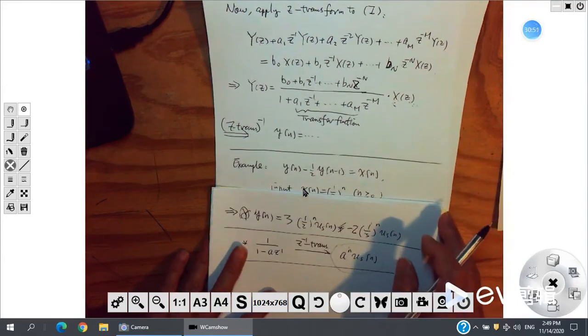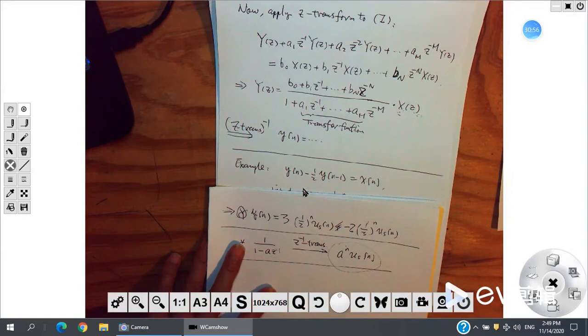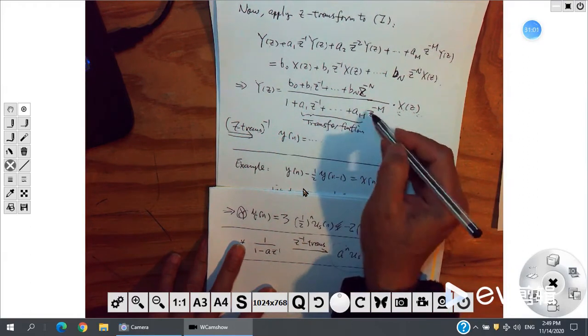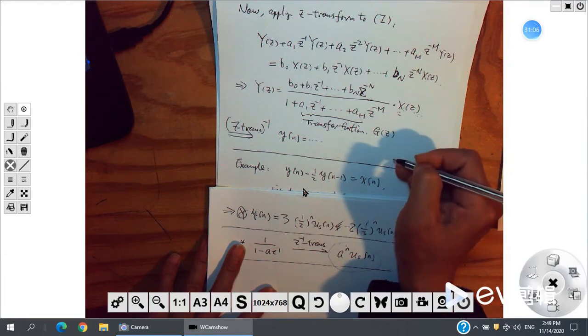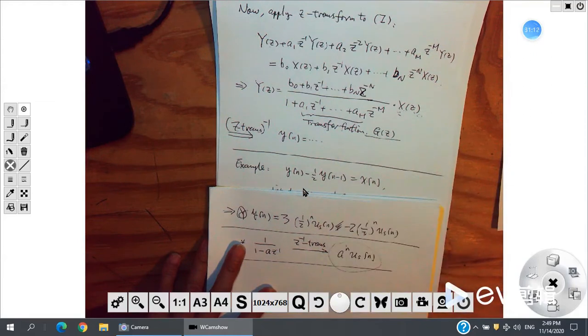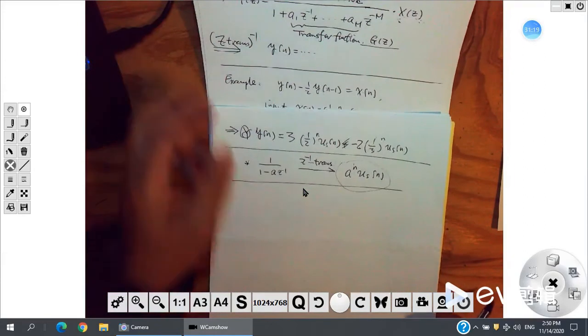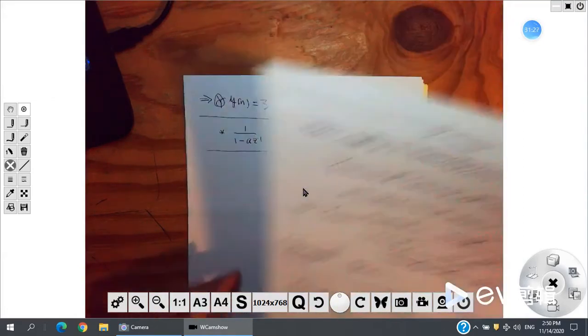That will be the same as the transfer function in an analog system, which is in S. This is in Z. You can denote it as G of Z or D of Z, whatever. Now with this as a background, as basic tools, we can try to work on digital control.